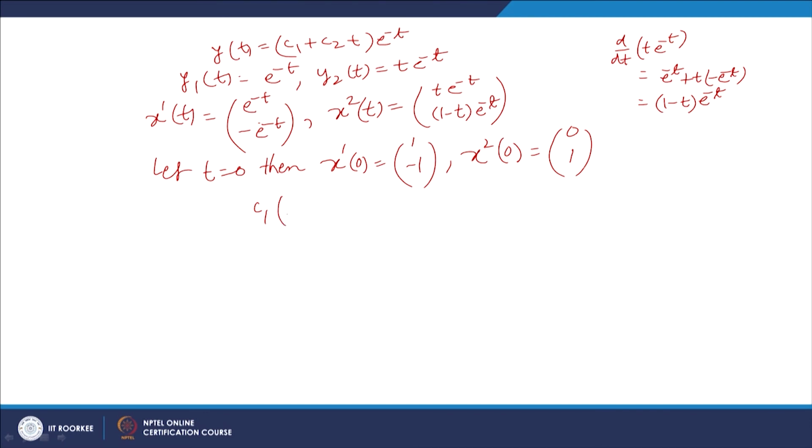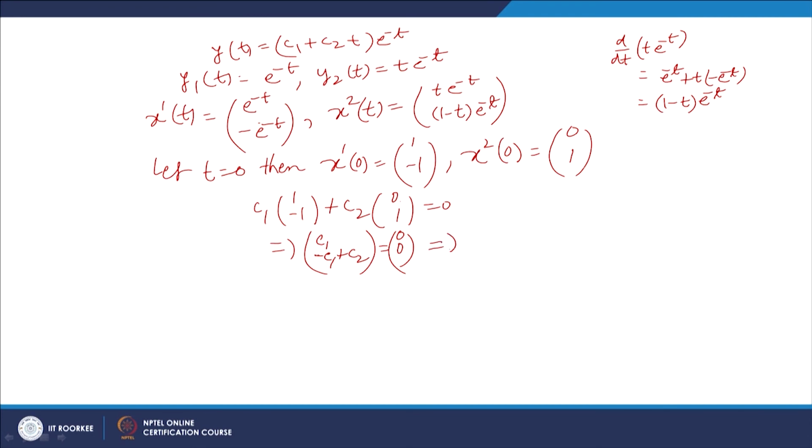So, C1 times (1, minus 1) plus C2 times (0, 1) equal to 0 gives us C1 plus 0, so C1, and then minus C1 plus C2. So, minus C1 plus C2 equal to 0, and the right side is (0, 0).